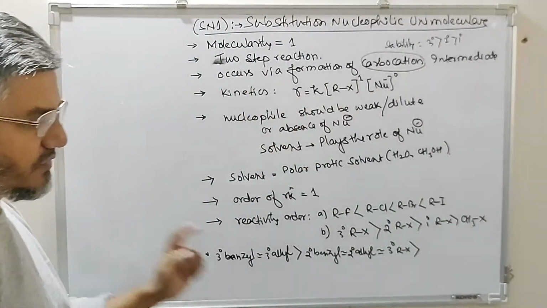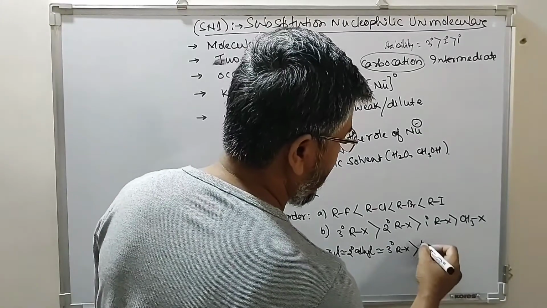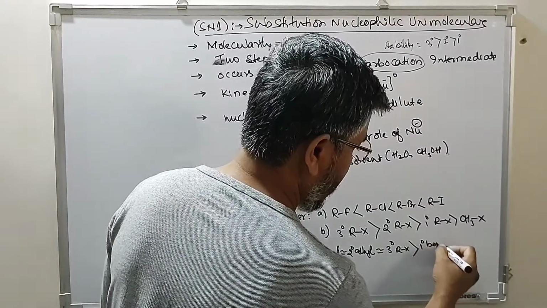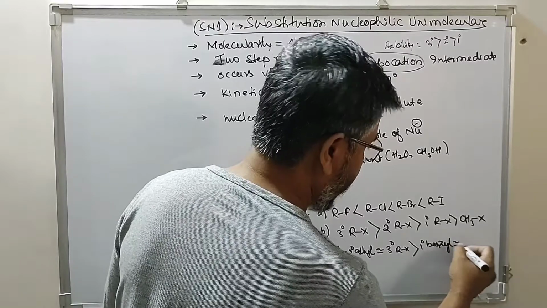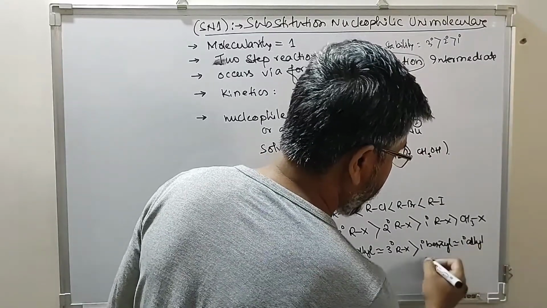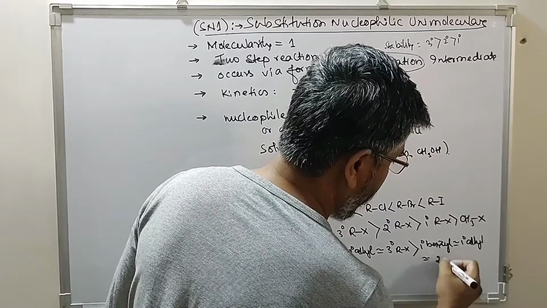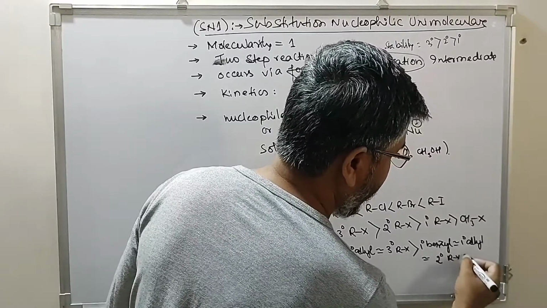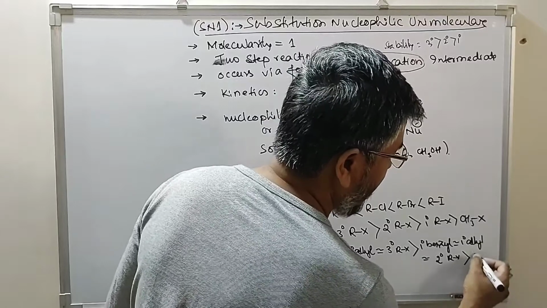So the reactivity of this is greater than primary benzyl, whose reactivity is similar to that of primary allyl, which has similar reactivity to that of secondary alkyl, which is greater than primary.